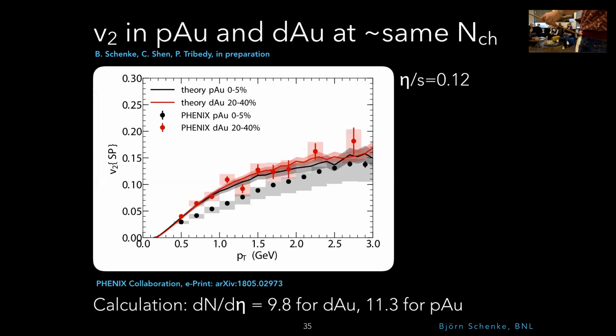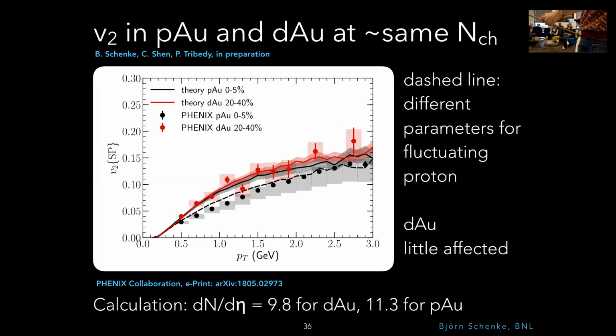But then I should say, if we alter, not too slightly, the parameters of the fluctuating proton, which will affect mostly the proton-gold results and not much the deuteron-gold results, because in deuteron-gold the V2 is driven by having 2 nucleons present and the substructure of them doesn't matter too much. However, this dashed curve is not really compatible with the HERA data.